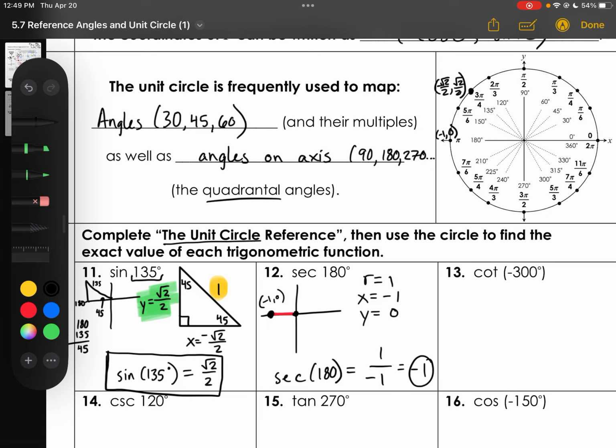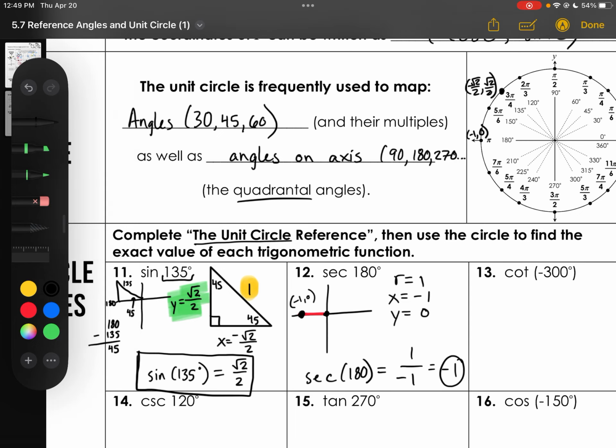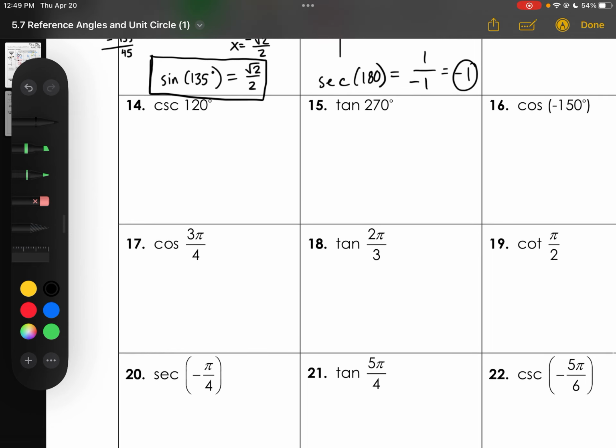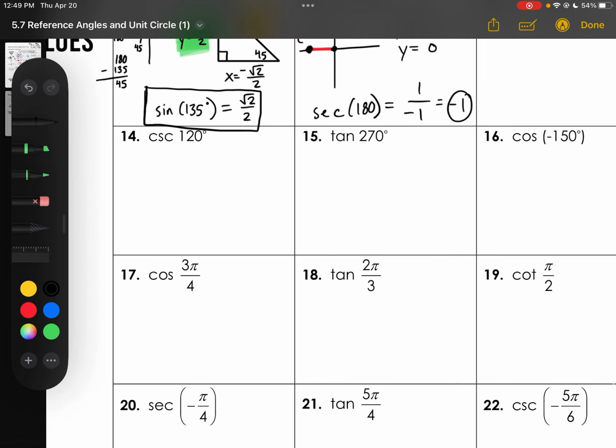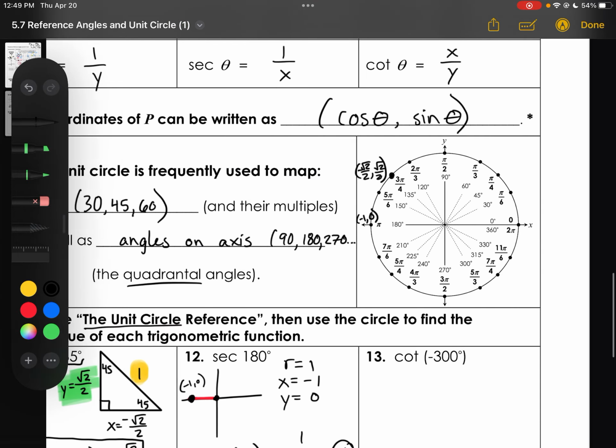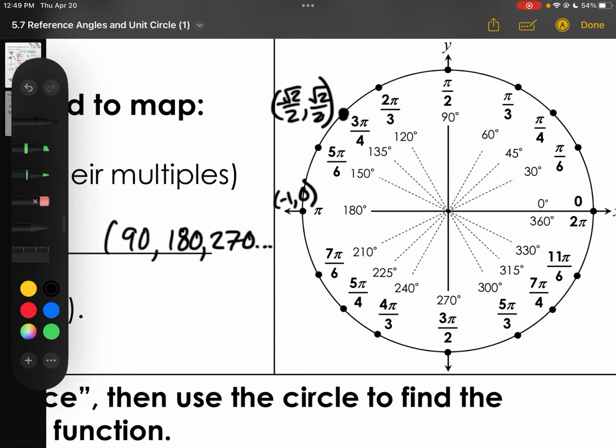All right, so we've done a couple examples with degrees, so let's jump down and do a couple examples with radians. So my advice, 3 pi over 4, we can convert that over. And the nice thing is we don't even have to do the conversion. We can look at the unit circle. We see 3 pi over 4 is right here. So there's 3 pi over 4.